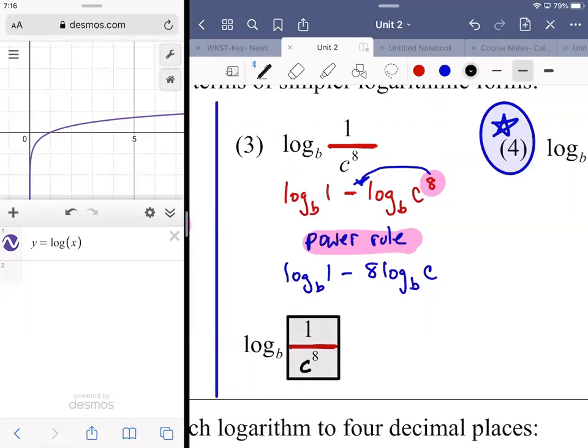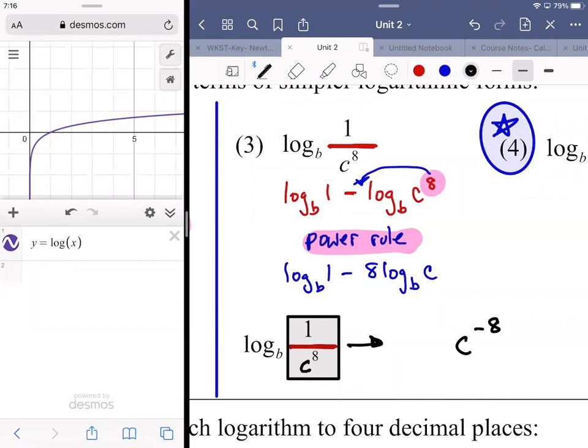just because logs transcend algebra doesn't mean that you don't have to do algebra or you're not allowed to do algebra. You can still do algebra. Transcending algebra means that you're not limited to algebra. All right, so 1 over c to the 8th is the same as saying c to the negative 8th power.